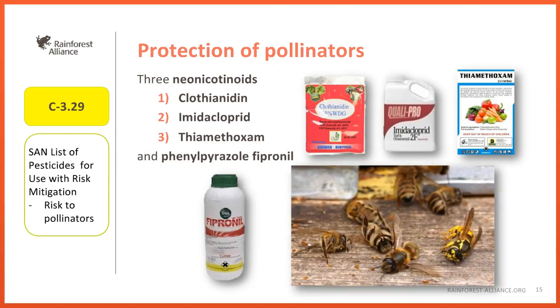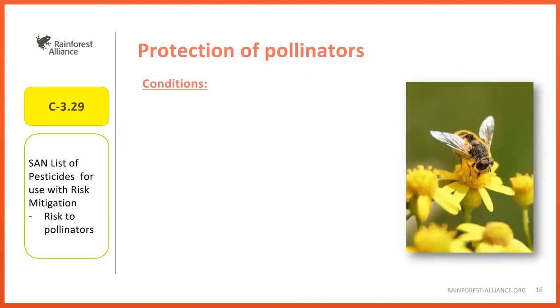impacts to the environment. Use of such chemicals needs to be with extra caution and under strict management. To protect pollinators, criterion C3.29 puts the following conditions for the use of neonicotinoids and fipronil.